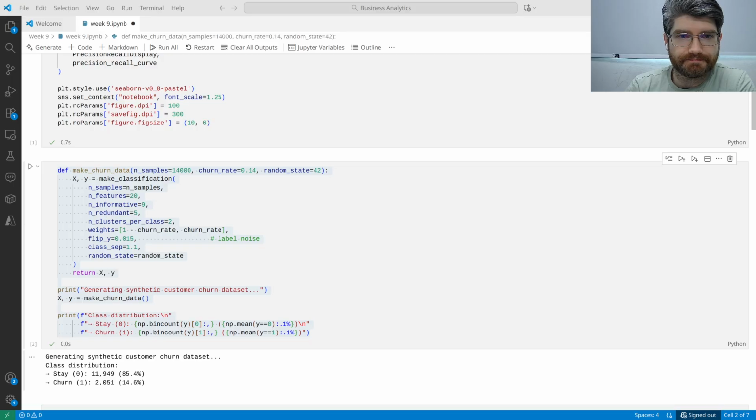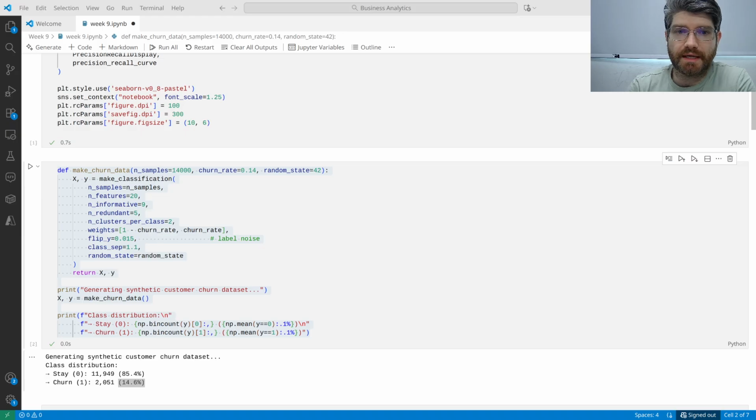As you can see in business analytics, especially with classification problems like customer churn, data is often imbalanced. In our example, only 15% of the customers actually churn. That's the minority class, and we care about it most because retaining them saves big bucks.